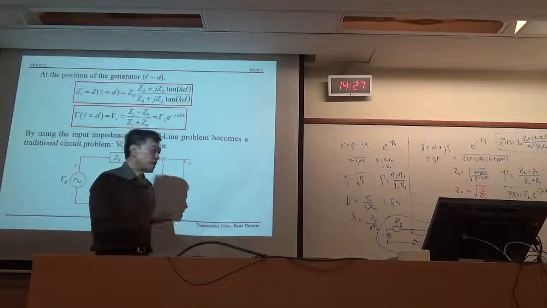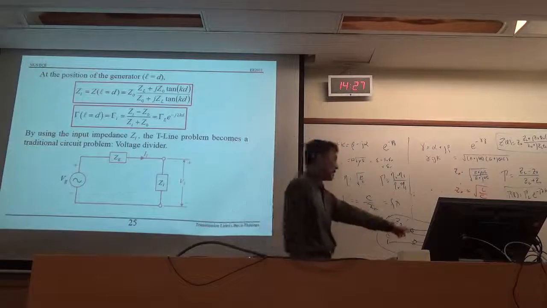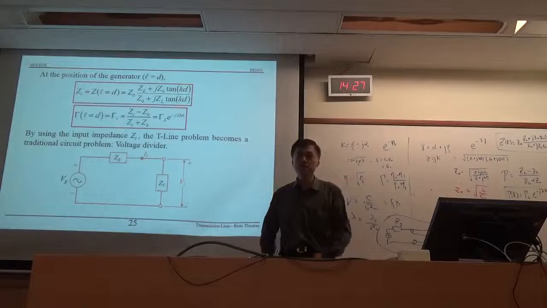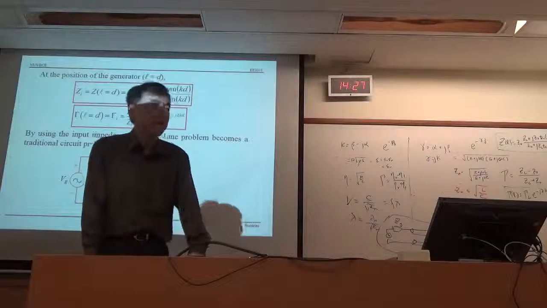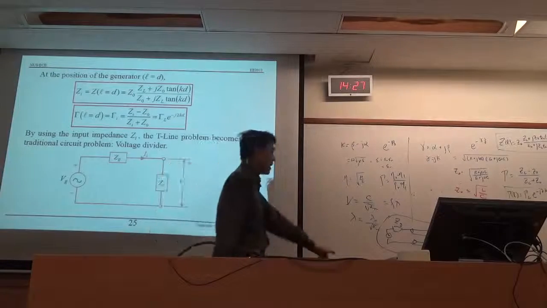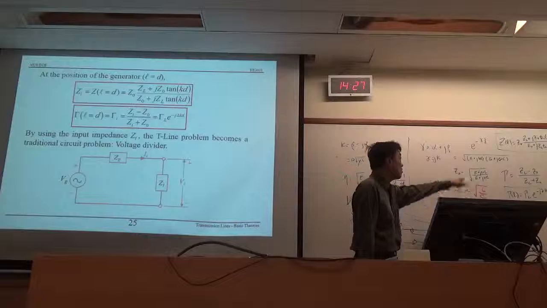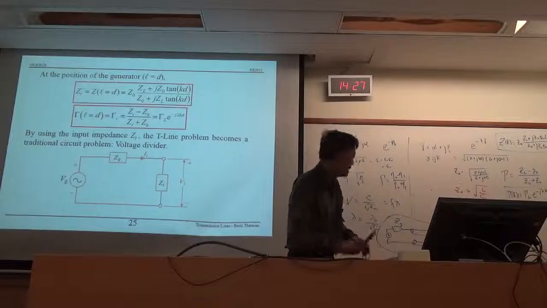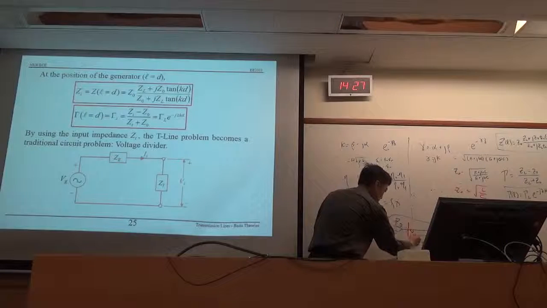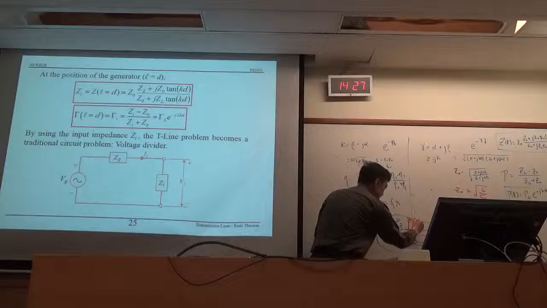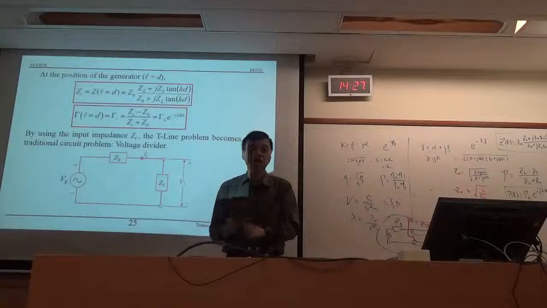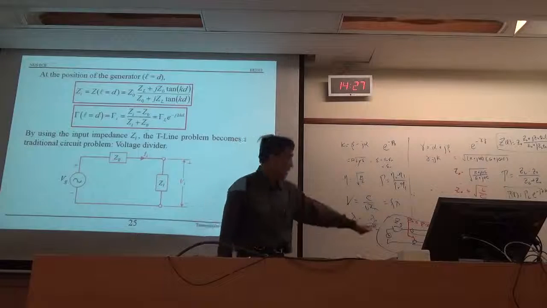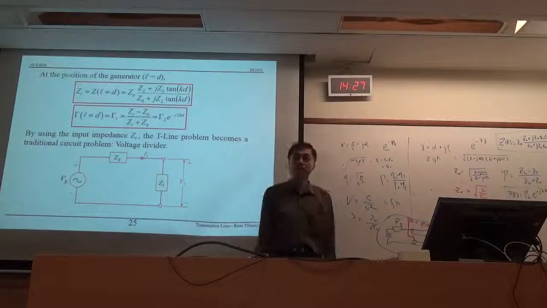What we do normally is we know ZL. ZL has to be given, because if you don't give ZL, how do I know what I am going to analyze? So once I know ZL, I will find the input impedance at this point, Z in, at length L.